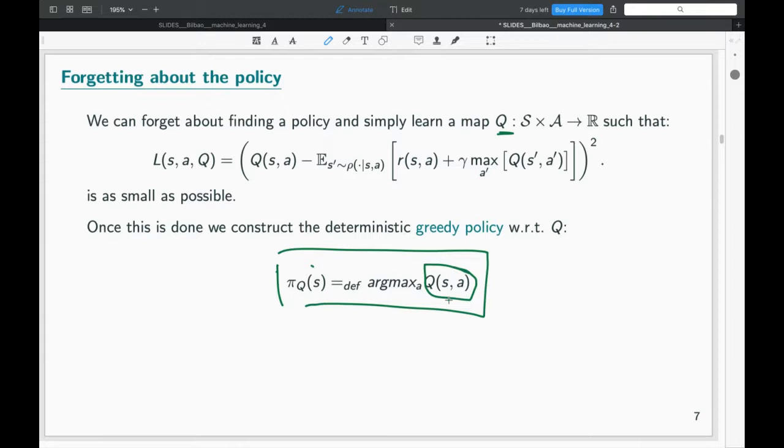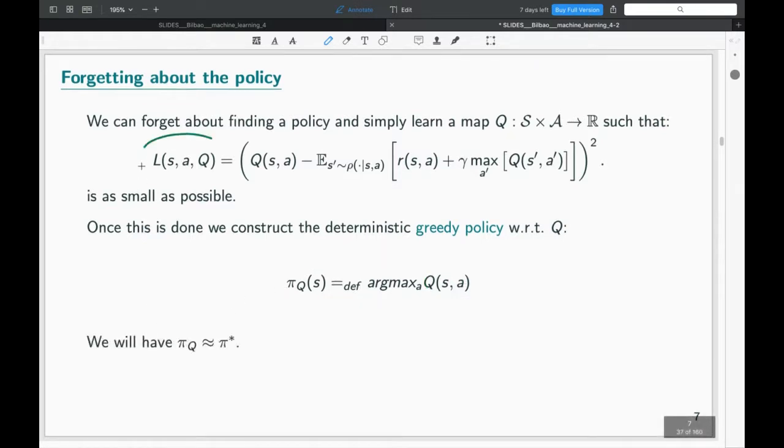It's called greedy because at each state it chooses the action that maximizes the Q value. So if these L's are very small, close to 0, then the greedy policy with respect to Q is going to be very close to pi star.